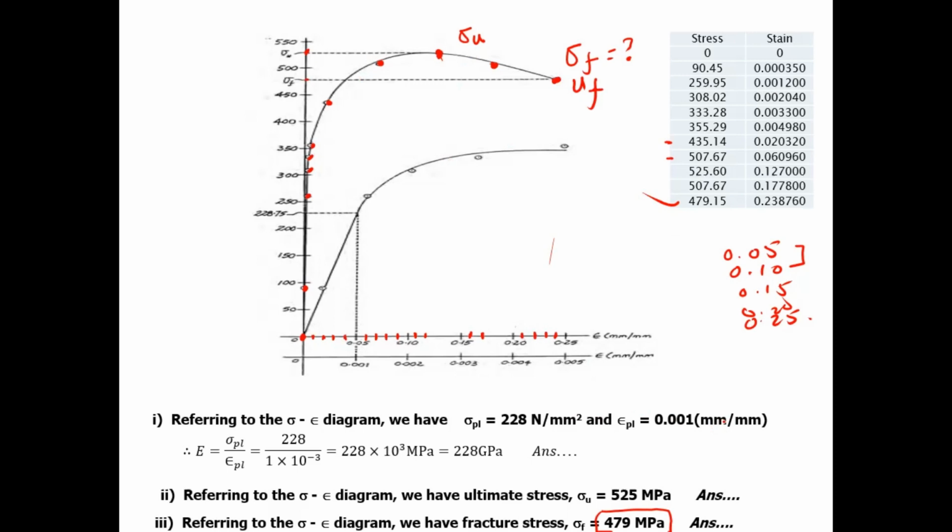So our three things are required: E, ultimate stress, failure stress. So this is the failure stress, 479.15. At this point, it is rupture, and this is our ultimate point where the maximum value of stress occurs. Clear?